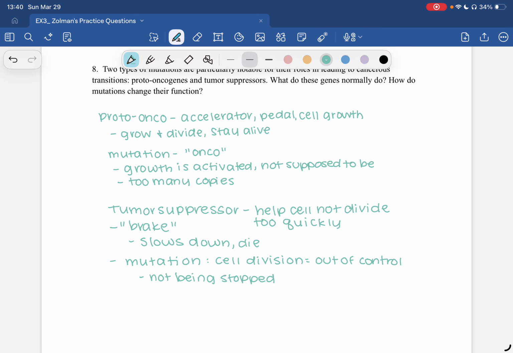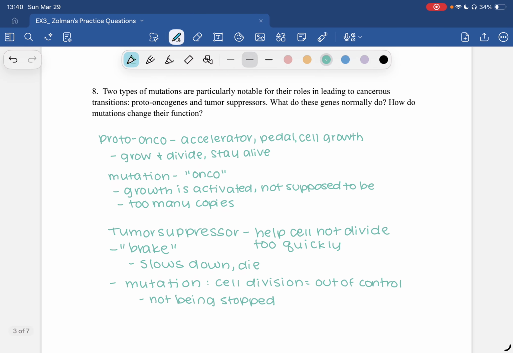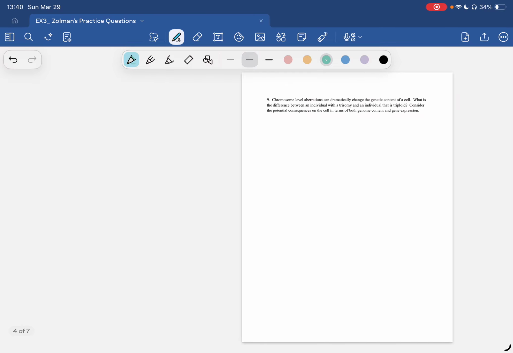Right, and that is the difference between proto-onco and tumor suppressors. Definitely look over your slides and your textbook to get a more in-depth definition and explanation, but at a quick glance, that's what the two are. Okay.